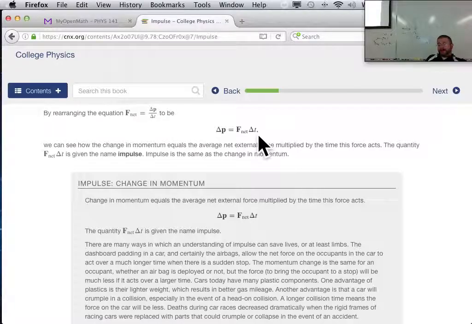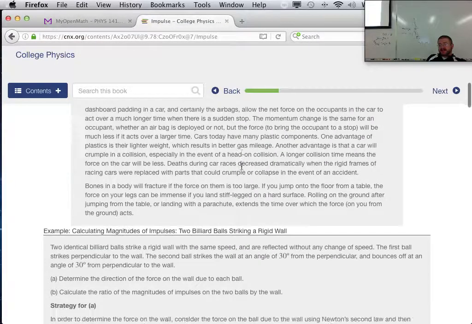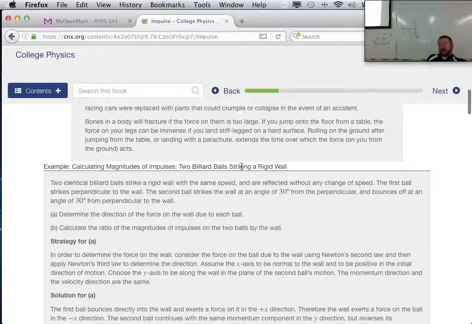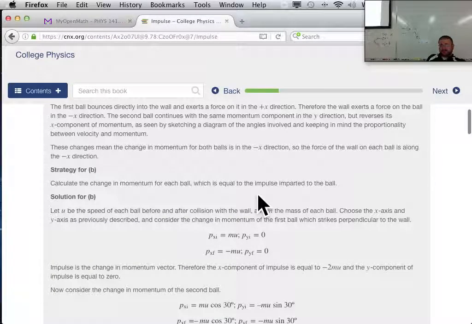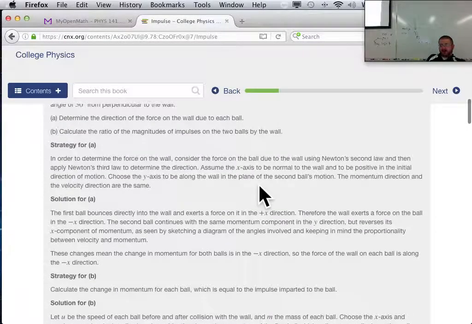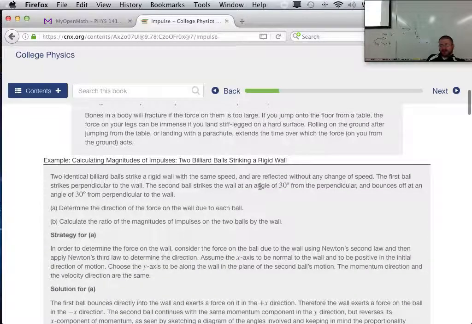And we use that equation down here to calculate change in momentum. Calculate the change in momentum for the ball bouncing off the wall, or whatever else.